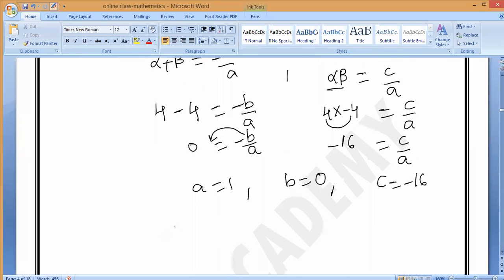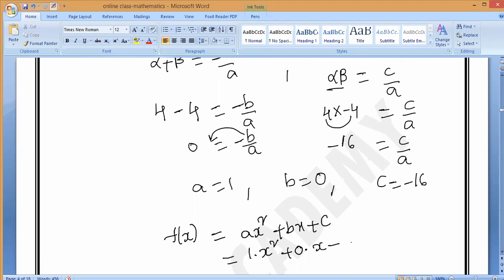The general form of the quadratic polynomial: f of x equal to a x square plus b x plus c. Substitute the values of a, b, c: 1x square plus 0x minus 16.